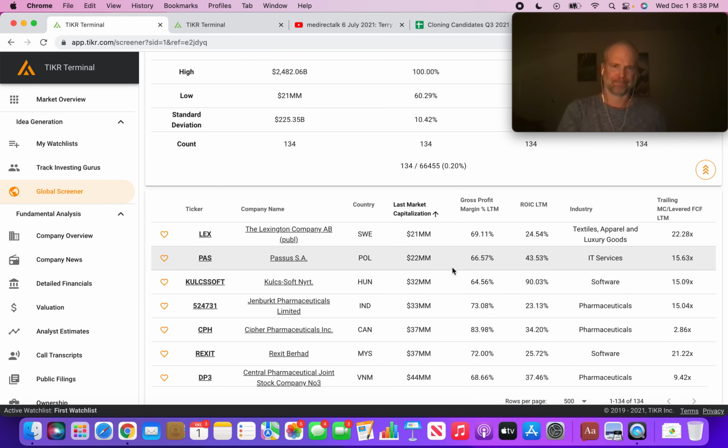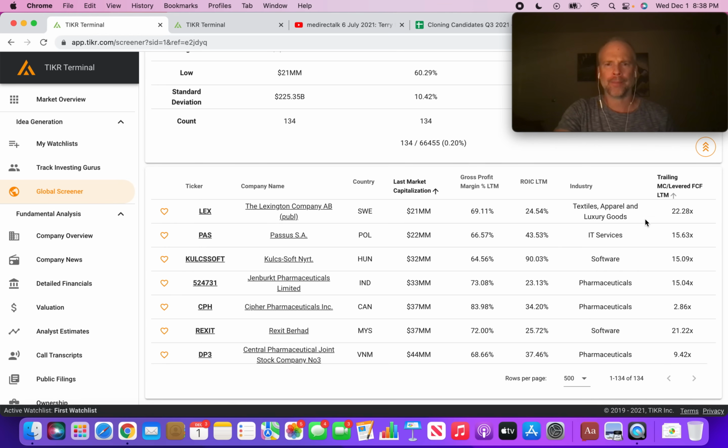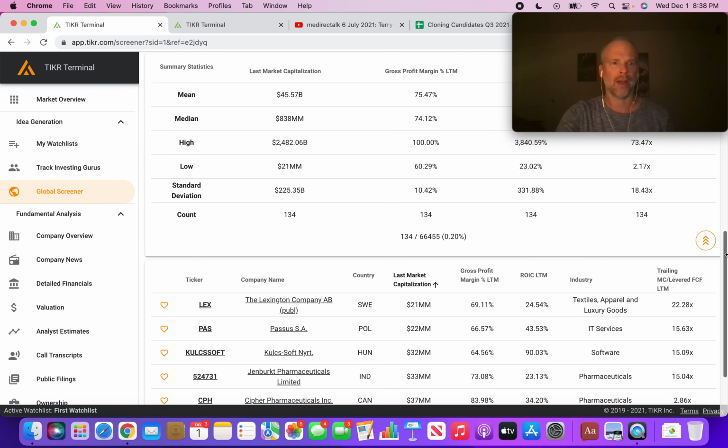especially if, I think, a way to really narrow this list down is to include a cloner column here, a cloner metric, where you're only looking at companies that other great investors have bought recently. And I don't know of a quick way to do that in TIKR Terminal, unfortunately. That would be a great thing for them to add the functionality of.